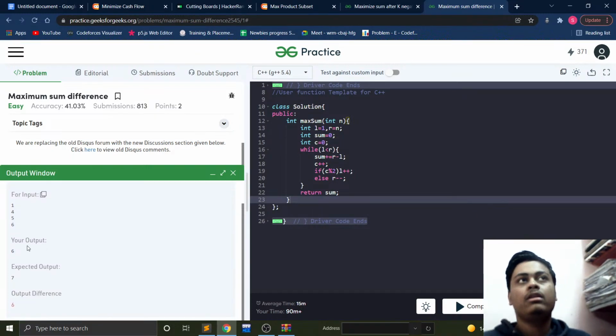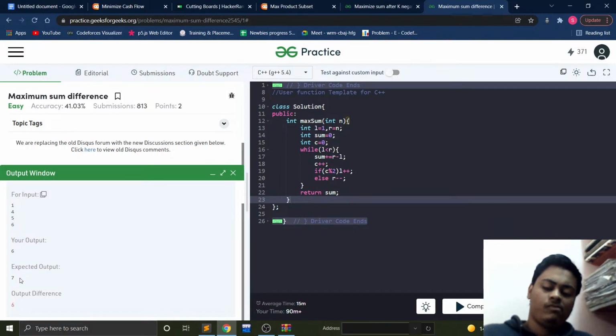Okay, for 4 I'm getting 1 plus 2 plus 3, which is 6, but expected is 7. 1, 4, 2, 3.